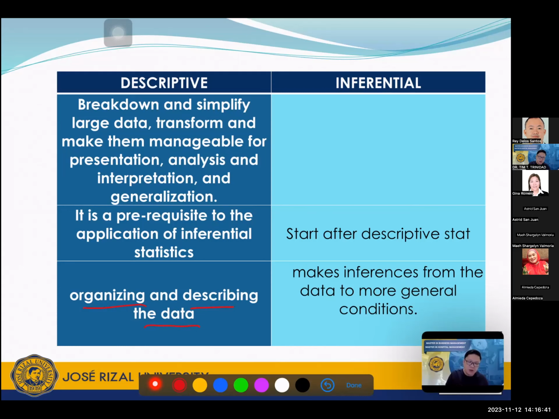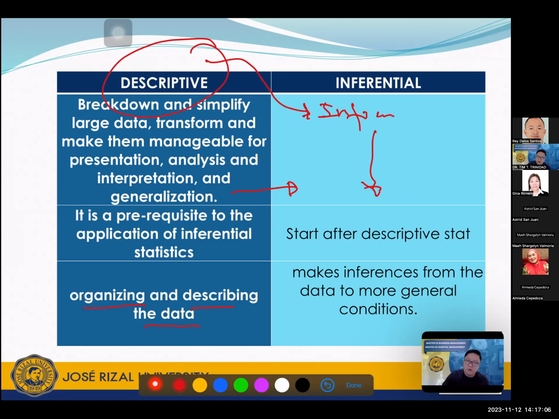But once you start to infer, okay, you will go or you will move on into inferential stat. Okay, so ibig sabihin, you cannot do your inferential testing without doing your descriptive stat. Kasi yung mga data, the informations from your descriptive stat, okay, yun yung gagamitin mo for inferential testing.